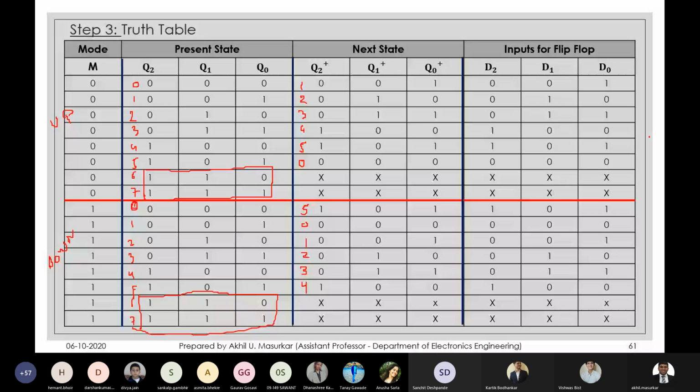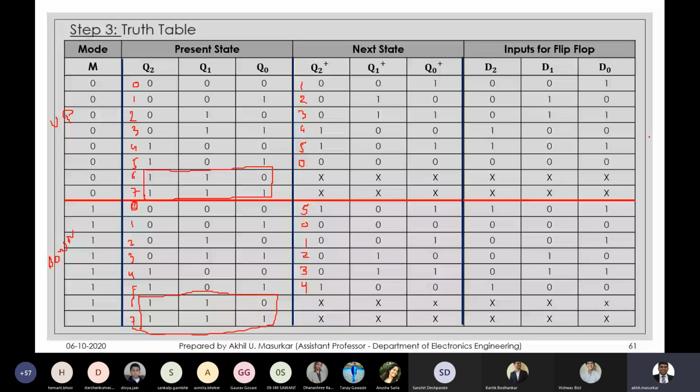Now, D2 depends on M, Q2, Q1 and Q0. Similarly, D1 will also depend on M, Q2, Q1 and Q0. And D0 will also depend on M, Q2, Q1 and Q0.